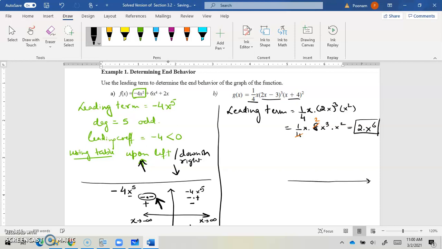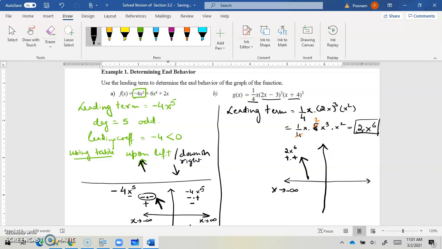Let's see the end behavior. You can do it from the table, just check when the degree is even and the coefficient is positive. I'm showing it using the graph. On the left hand side, when x approaches negative infinity, how does the leading term behave? A negative number raised to an even power has to be positive. Positive times positive is positive, so the graph goes up on the left hand side.